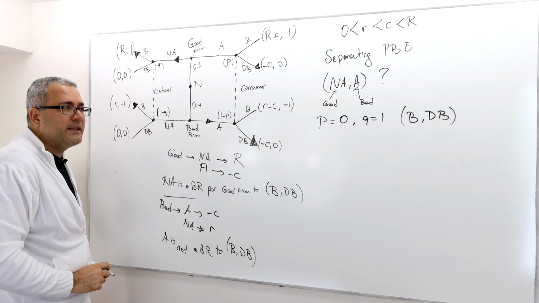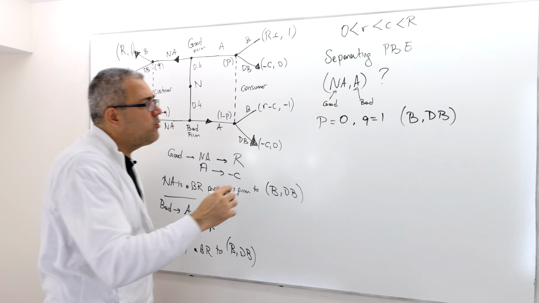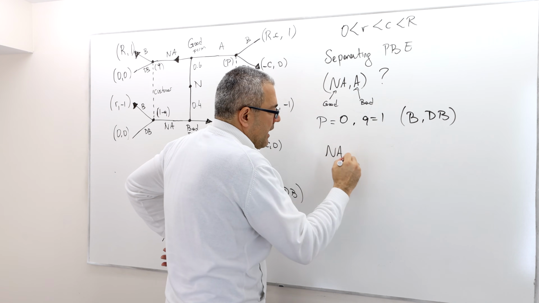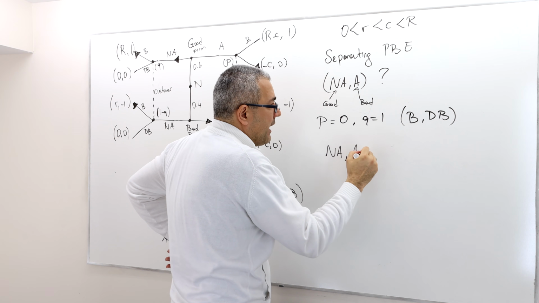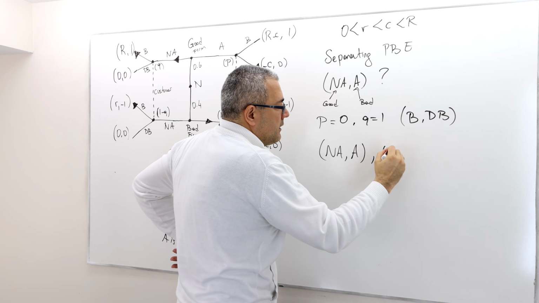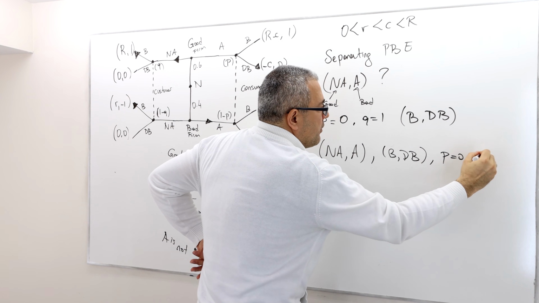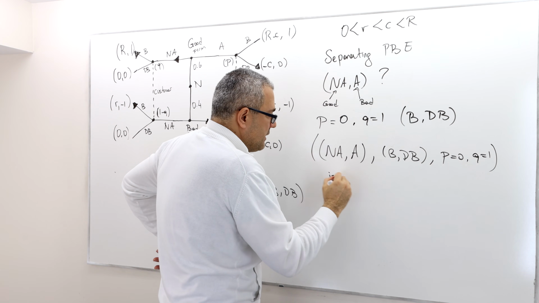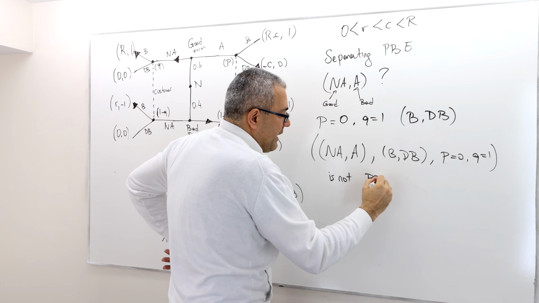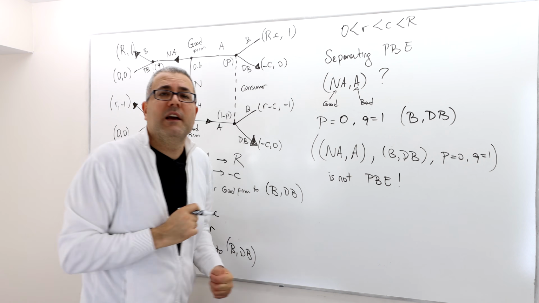So what does that mean? That means this strategy profile, NAA, and then BDB, and then P equals 0, Q equals 1, is not a perfect Bayesian equilibrium. Why is that?